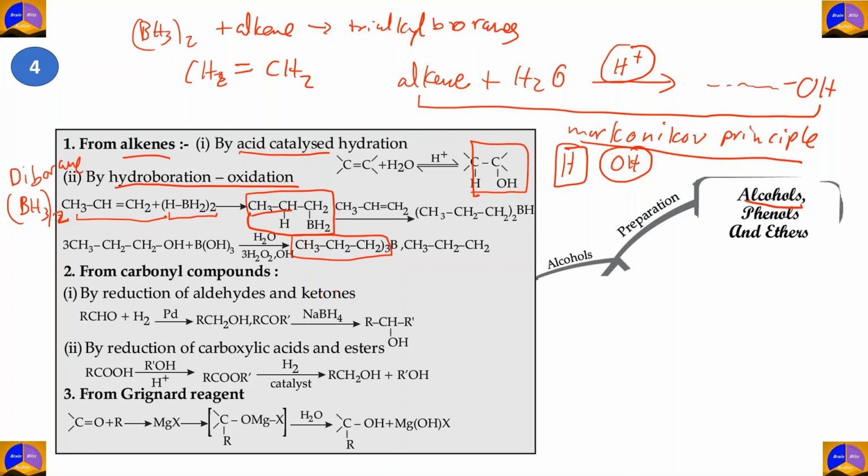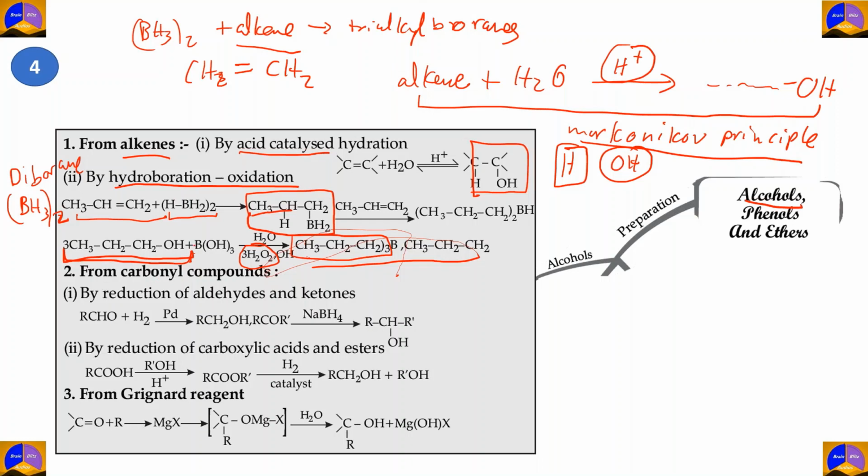So it's oxidized in the presence of hydrogen peroxide, which is H2O2, to give you an alcohol, which is present here. So diborane reacts with an alkene, and then consequently you add alkenes to the mix, and you get a trialkyl borane, which then gives you an alcohol.